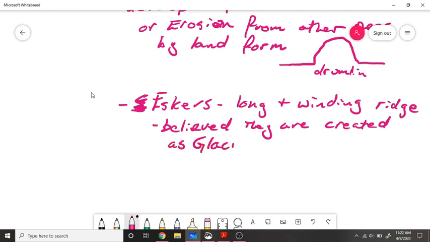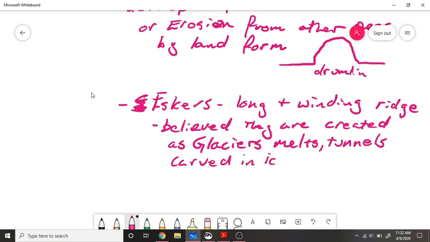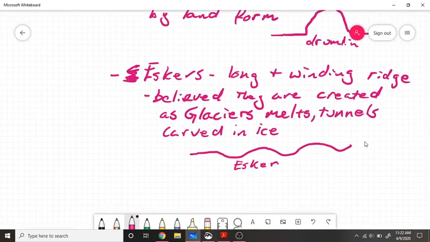So as the glacier melts, tunnels are carved in the ice. And so what happens is you have a long winding ridge that goes like this, and it shows the path of the stream and the shape of the tunnel.